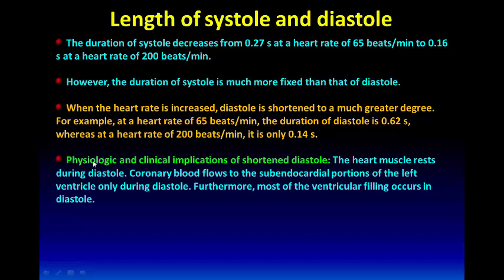There are physiological and clinical implications of the shortened diastole when the heart rate is increased. The heart muscle rests during diastole, and coronary blood flows to the subendocardial portions of the left ventricle only during diastole.